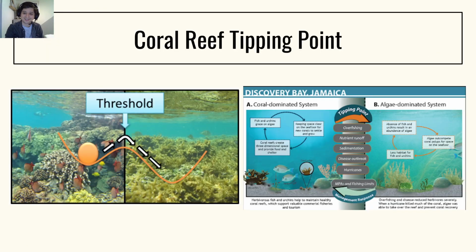We're not going to watch this, but this is an example of a tipping point, right? This coral reef tipping point. Coral reefs in the ocean try to stay resilient, but there is a point of heat when the water gets too hot, where the coral gets bleached and dies.